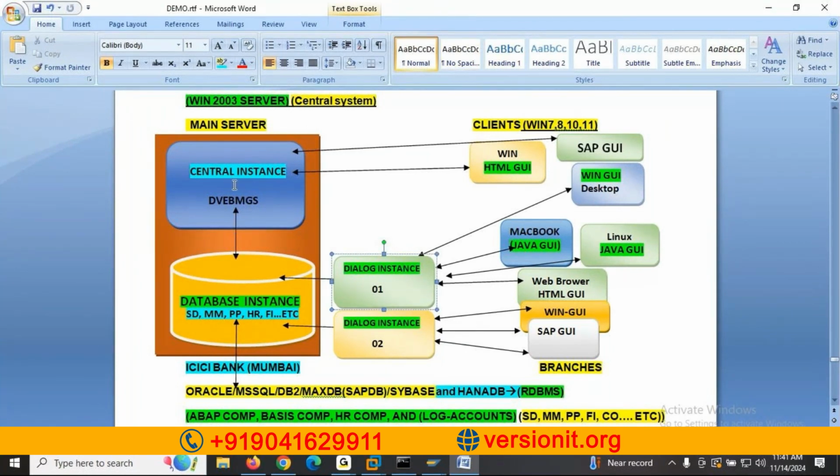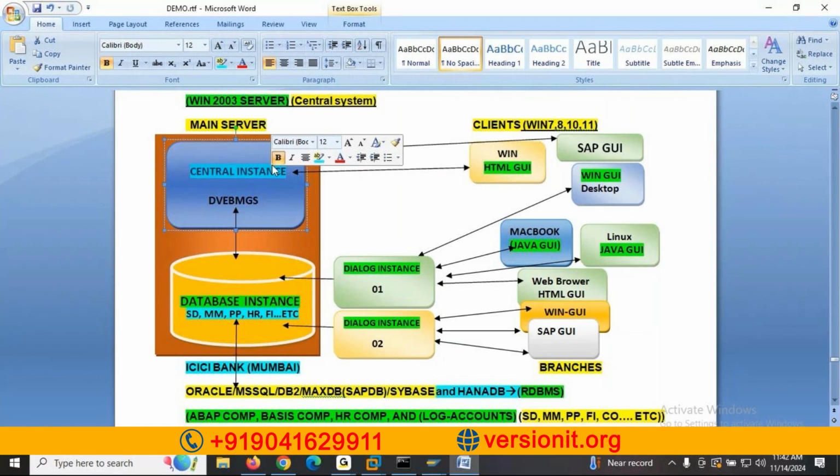Let us talk only about central instance. The question here is, what is the mechanism in central instance design by which every user's request would be processed? How is the request getting processed by central instance? What is the internal architecture of central instance? That is important. And for a basis guy, that is bread and butter.